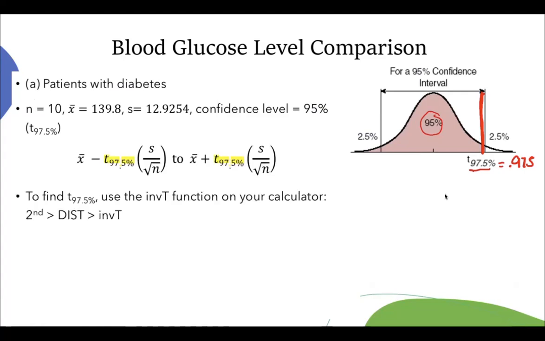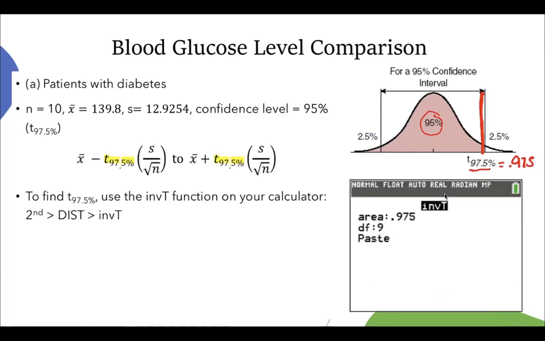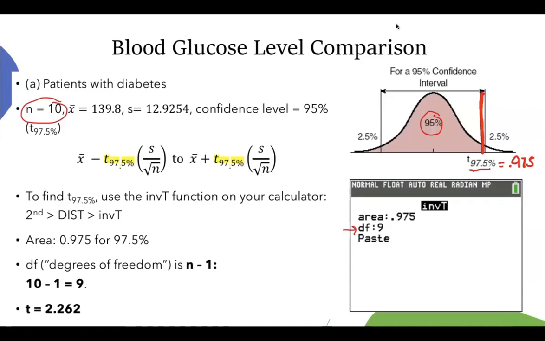Let's do that first. 0.975 is your area to the left, and since the size of the sample is 10, you are using a DF of 9. So we have 2.262 as the t-score.